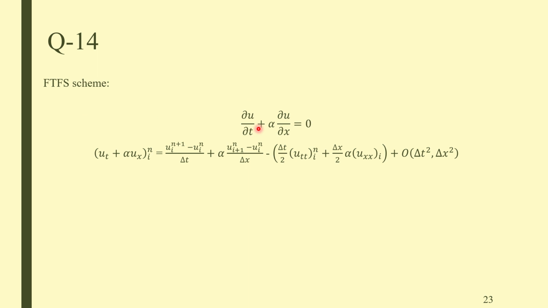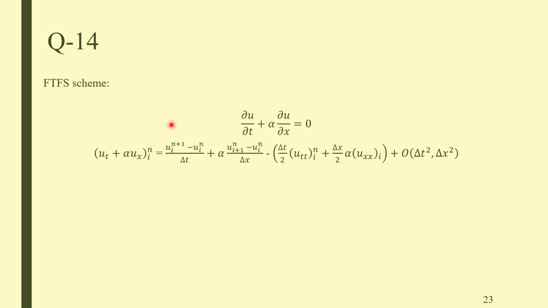So dou u by dou t plus a times dou u by dou x at i and n is equal to, we are expanding dou u by dou t using forward in time: u i n plus 1 minus u i n divided by delta t, plus a times u i plus 1 minus u i at the nth time step divided by delta x.